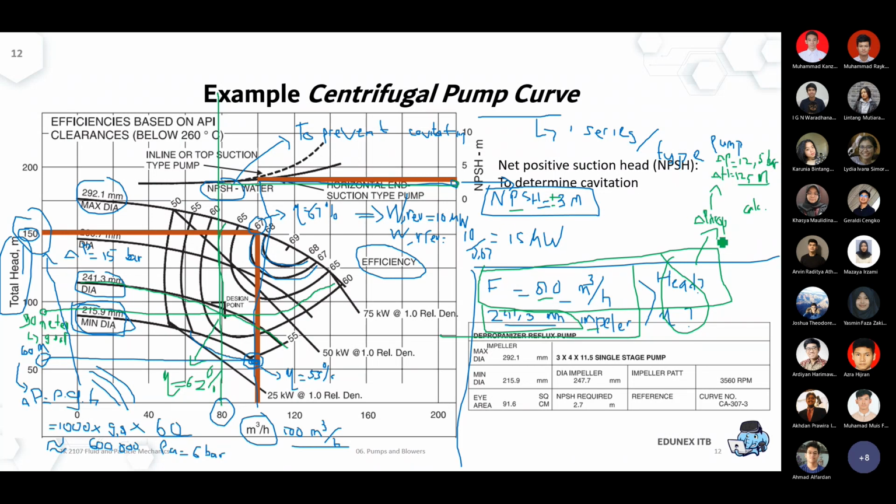And then let's say the flow rate now is given to be, what would be the easy way here? Let's try another number. Okay, 60 cubic meter per hour. Let's say at that time you just need to transfer gasoline or diesel, 60 cubic meter per hour. Okay, so where will your operating condition be, if what you know is 60 cubic meter per hour?